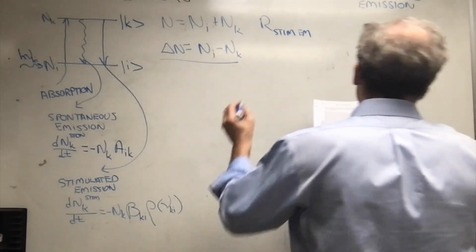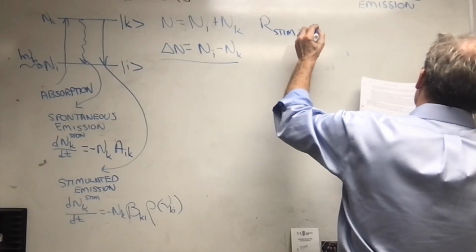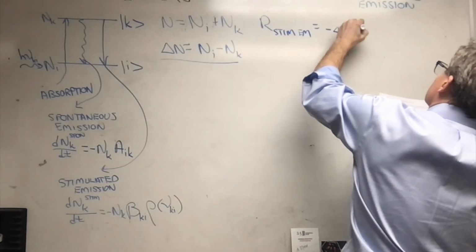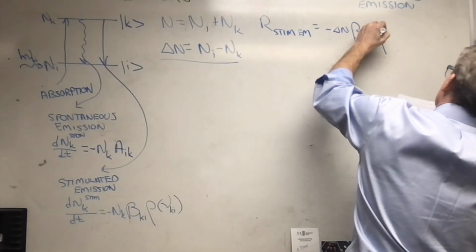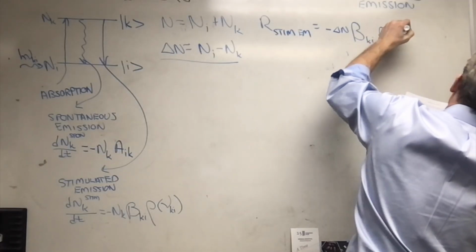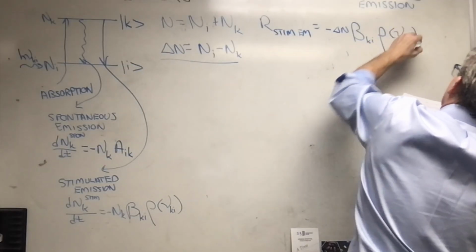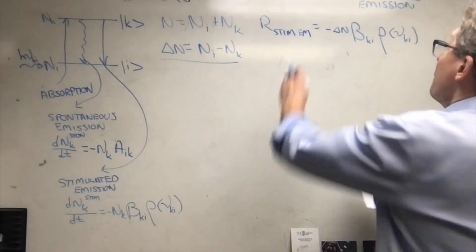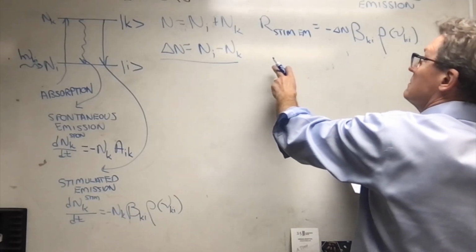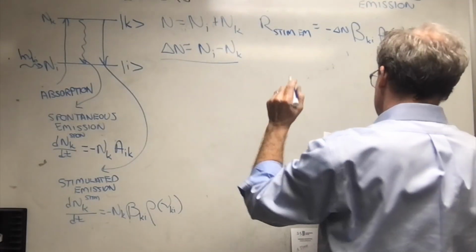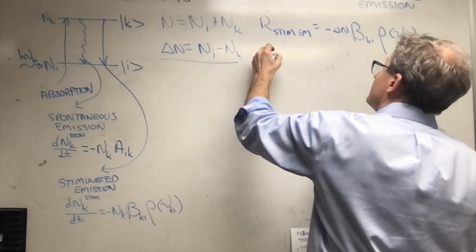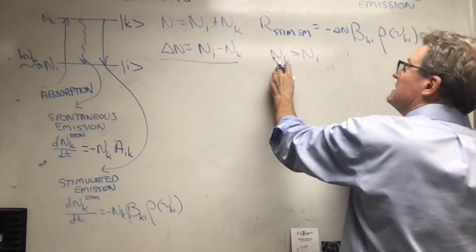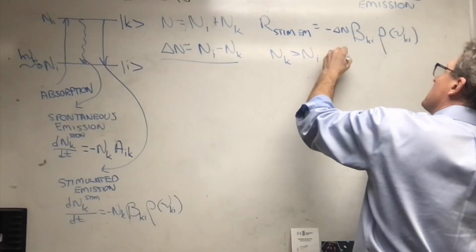The net rate of stimulated emission is going to be minus delta n times the B coefficient times the resonant power density that we apply to the transition. For this to be a positive number, we're going to have to get a population inversion: more population in the upper state than the lower state. That's called a population inversion.